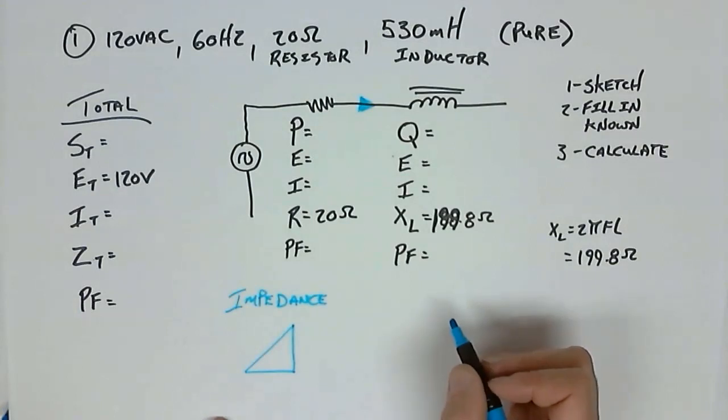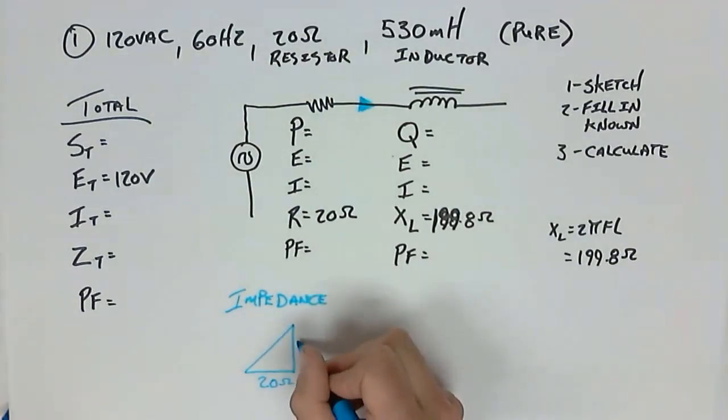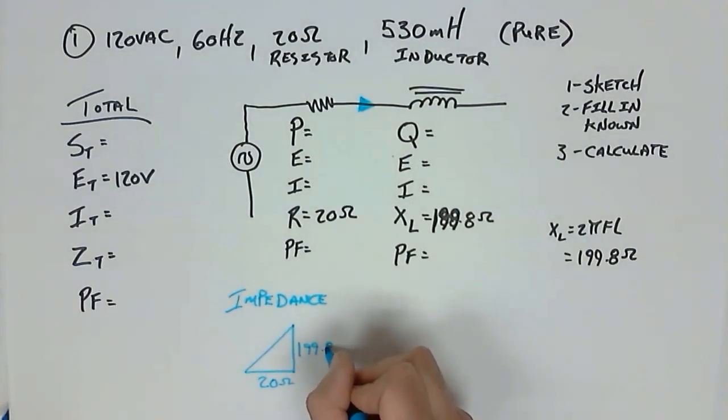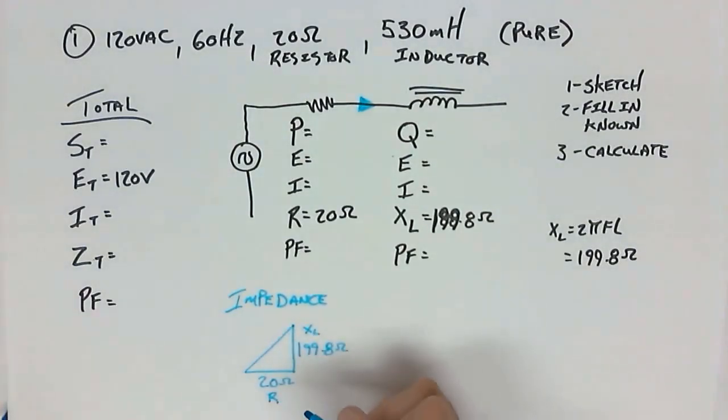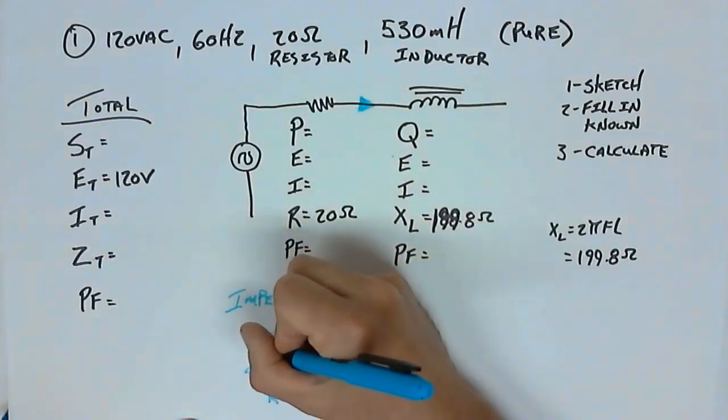The impedance is a product, while using a little bit of Pythagoras, of my in-phase component, 20 ohms, and my out-of-phase component, 199.8 ohms. This is XL and this is R. So 199.8 squared plus 20 squared equals, and then we square root the whole thing, 200.8 ohms.